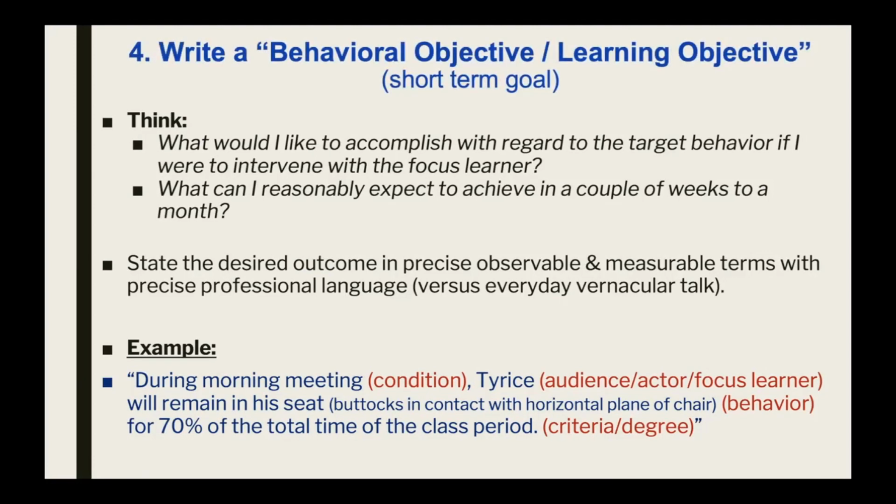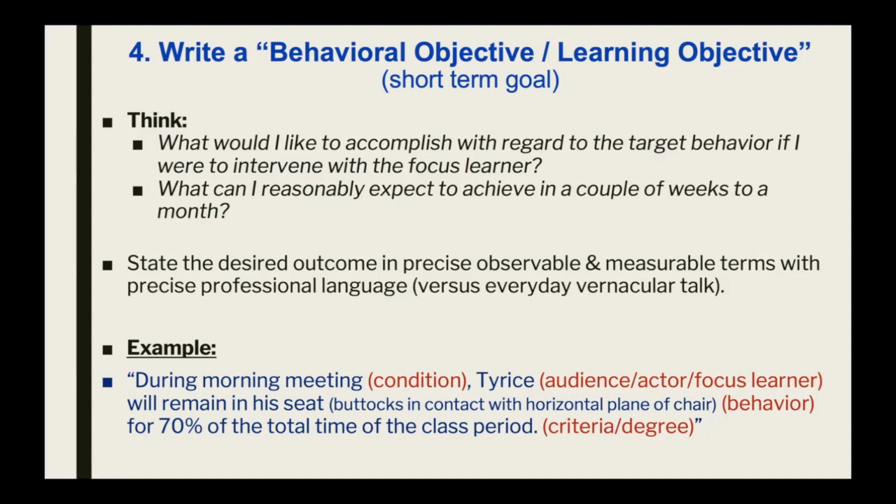And here's the behavioral objective part, which you'll find to be very similar to defining a target behavior. Again, the wording has to be precise and professional. It needs to describe what you can observe, what you see, what you hear, what you feel, observable and measurable.